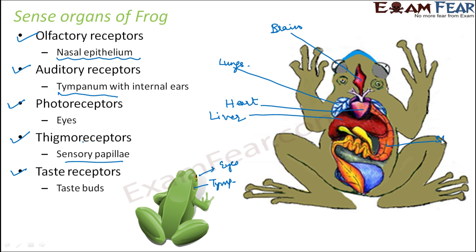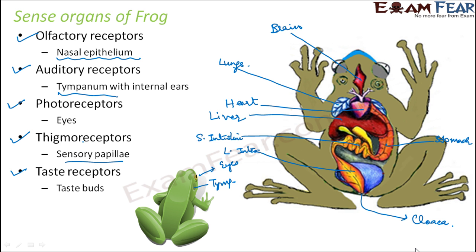Even below that you have this coiled tube-like structure, which is nothing but the intestine. The intestine starts from here. This is the small intestine, and then later this goes towards the anus or the exterior. So then it becomes the large intestine. This is the large intestine, and this opening is nothing but the cloacal aperture or the cloaca.